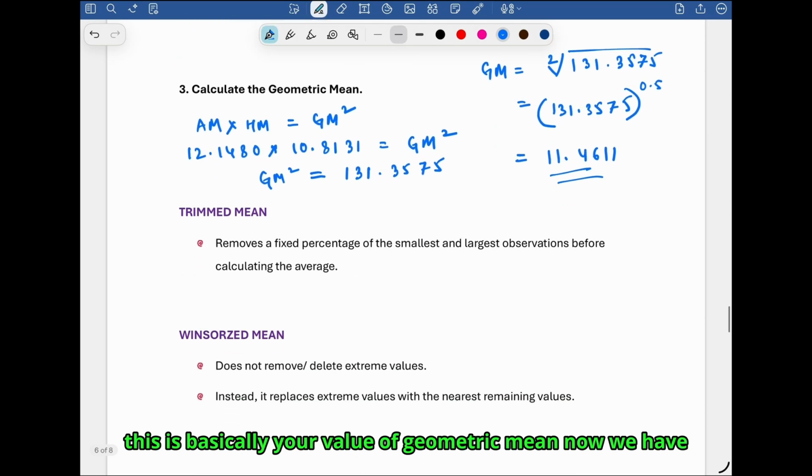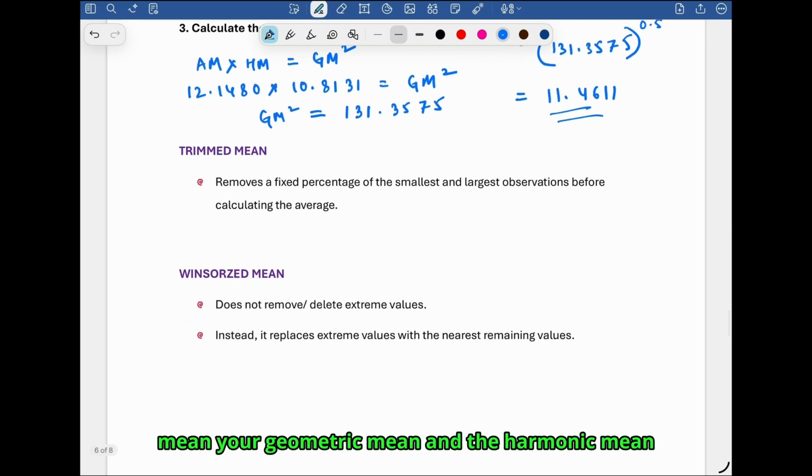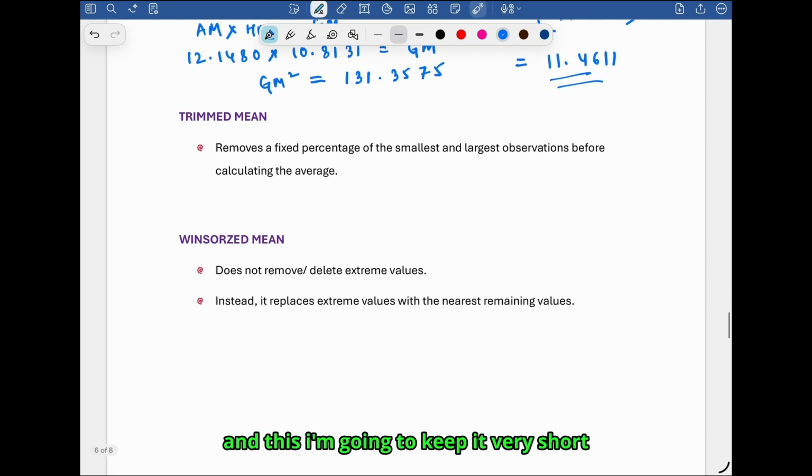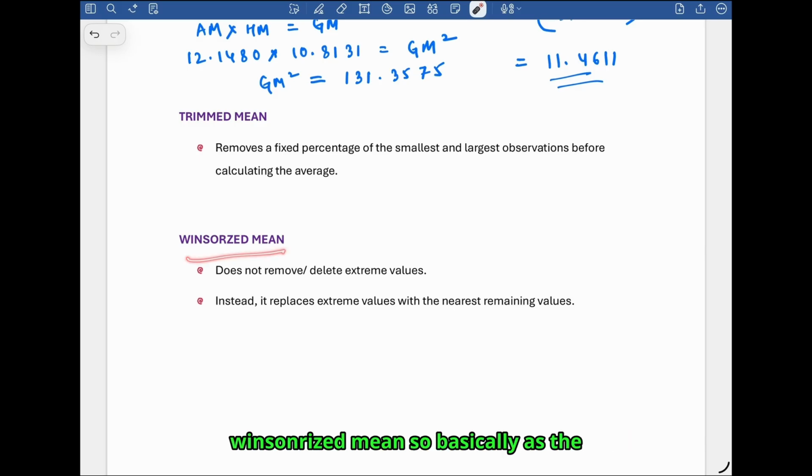Now we have seen the relationship between the three central tendencies, your arithmetic mean, your geometric mean, and the harmonic mean. We are also going to see two other means, and this I'm going to keep very short. One is called trimmed mean and another one is called Winsorized mean.